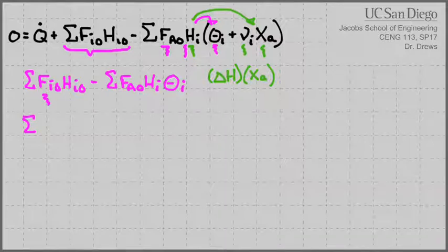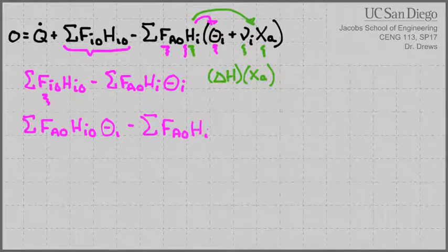So now we have sum of Fa naught, Hi naught, theta I, minus the sum of Fa naught, Hi, and theta I. So now we've got a pretty similar looking set of terms in our sum that represents a difference between the inlet and the outlet enthalpies.